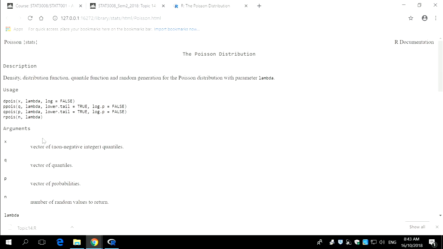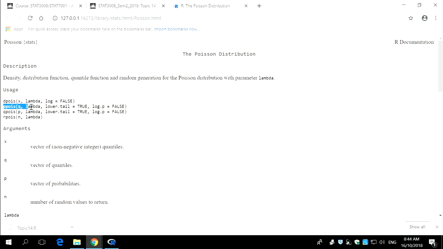Yeah, you can see here we can compute the probability. So the DPOIS here, I think it's the density, and here this should be the probability, and this should be the quantile, and this is the random variable. And I think in the Bootstrap topic, we are going to use RPOIS to generate the Poisson random variable.